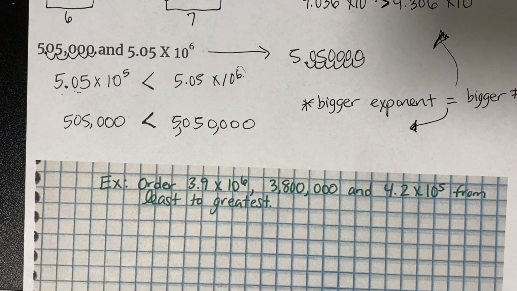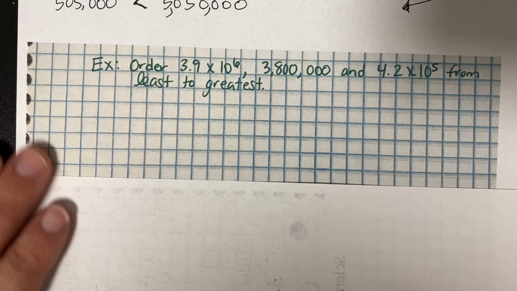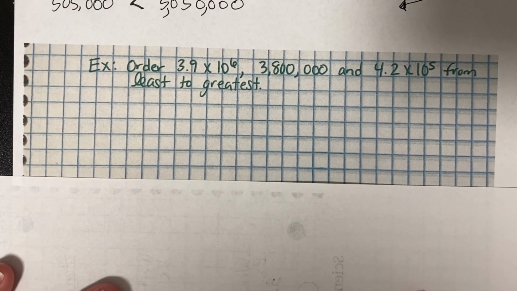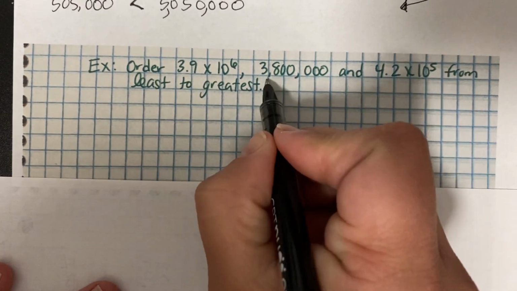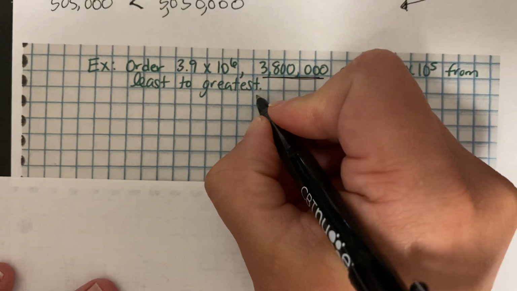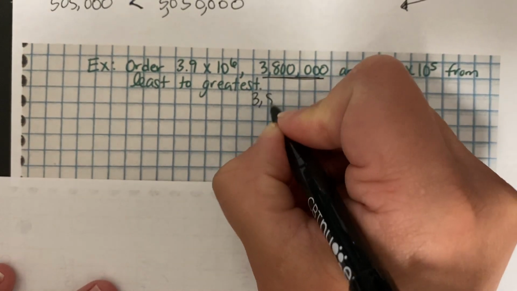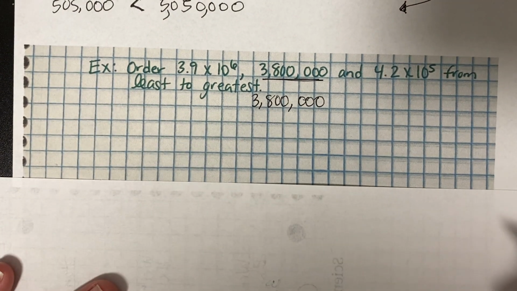So let's take a look at what if we do that same thing with ordering our numbers from least to greatest. These two are already in scientific notation, so I'm going to take this one and put it in scientific notation as well. Okay, 3,800,000.